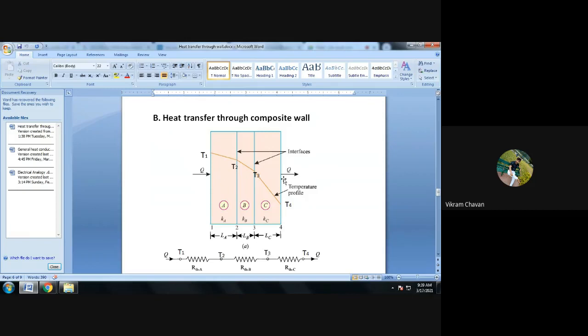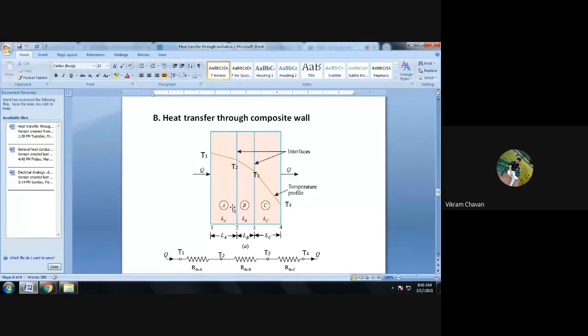The thermal conductivities of walls A, B, C are k suffix A, k suffix B, and k suffix C. You can say wall or slab.